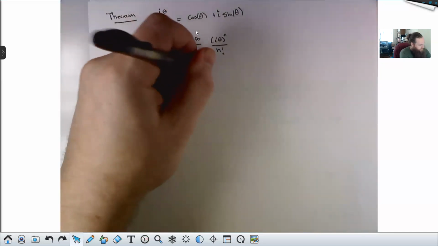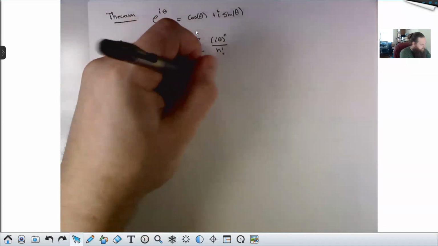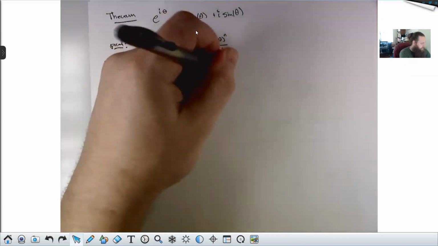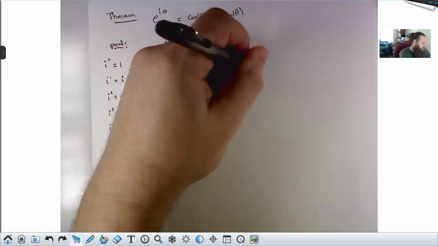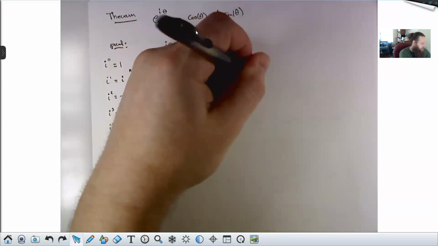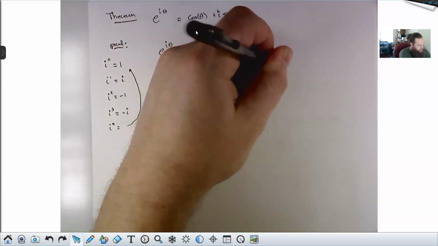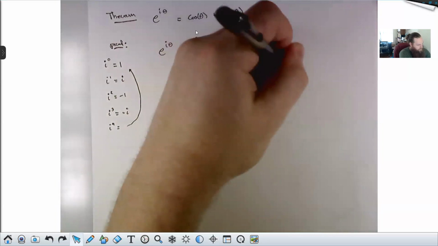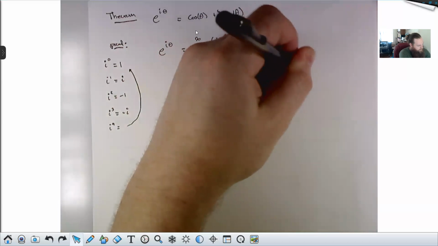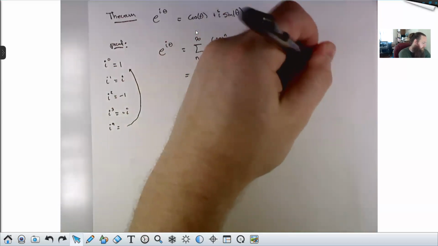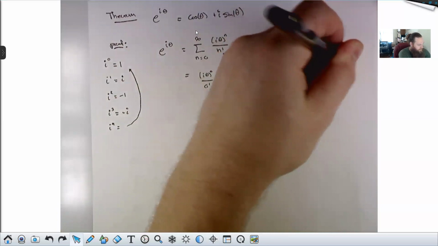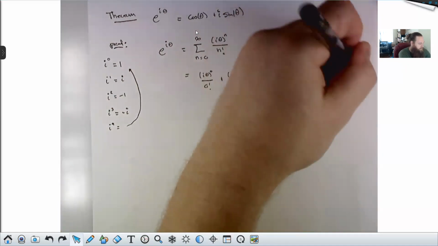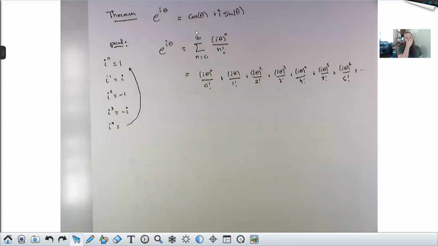This is i theta to the 0 factorial plus i theta to the 1 factorial plus i theta squared over 2 factorial plus i theta cubed over 3 factorial plus i theta to the 4 over 4 factorial plus i theta to the 5 over 5 factorial plus i theta to the 6 over 6 factorial plus, and so on.